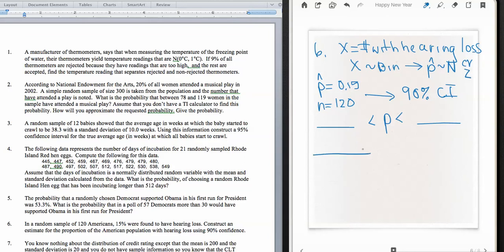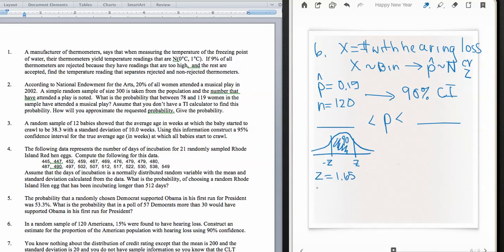So I need to put 90% smack dab here in the middle, right, to get these negative and positive z-scores. Now you might already have those memorized for a 90%. You may already know that this z critical value that we need is 1.645, or 1.65 is usually what Biostatistics uses.